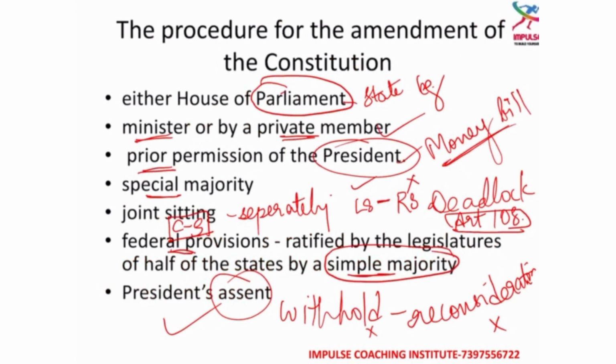There is no provision for joint sitting. And if the bill involves certain federal provisions, then the ratification of the state legislature is necessary. Half of the states must ratify by a simple majority. Then it comes back to the president. The President has no option, he has to give his assent. After he gives his assent, the Constitution will stand amended. This is the procedure for the amendment of the Constitution.